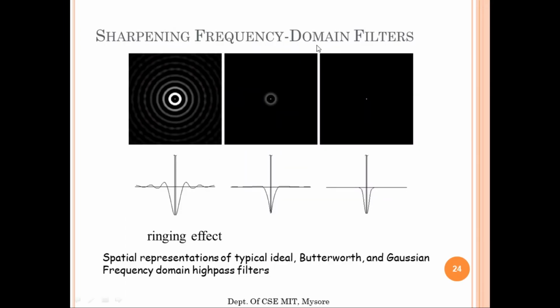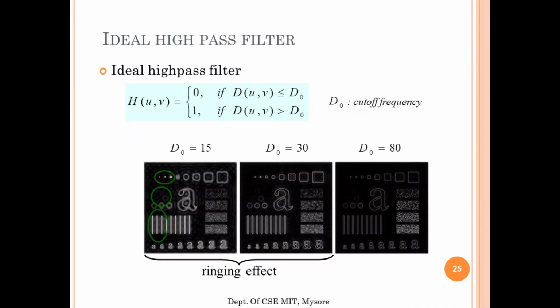Now, looking at sharpening frequency domain filters: the ideal high pass filter has a ringing effect, the Butterworth high pass filter has a little ringing effect compared to the ideal, and there is no ringing effect in the Gaussian high pass filter.